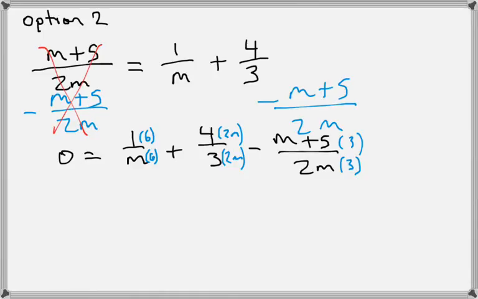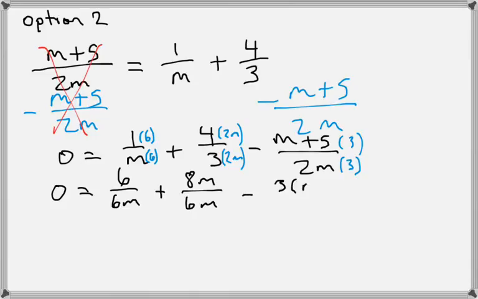On the left part of the equal sign, we still have a 0. Now we have 6/(6m) plus 8m/(6m), and then minus 3 times (m + 5), all over 6m.